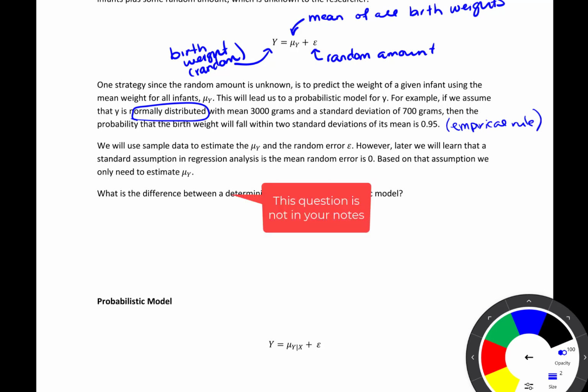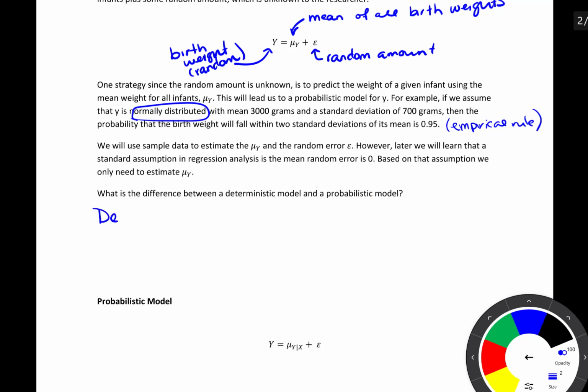So the question here: what is the difference between what we call a deterministic model and a probabilistic model? Let's look at a common deterministic model you might be familiar with. One deterministic model could be area equals height times width.